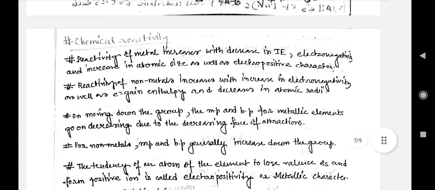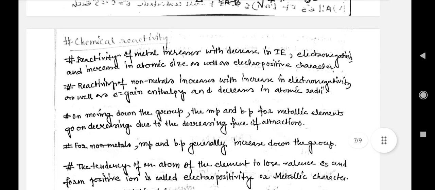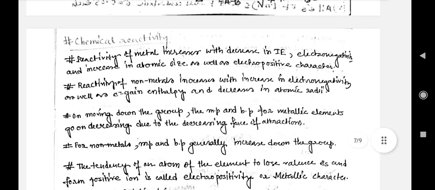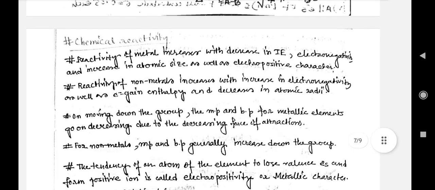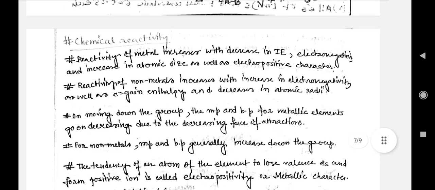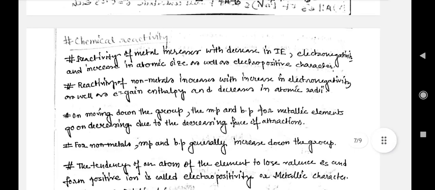As electron gain enthalpy increases, their reactivity increases. But when atomic radii increase, there is less attraction pull from the nucleus, so their reactivity decreases. The reactivity of non-metals is inversely proportional to atomic radii.